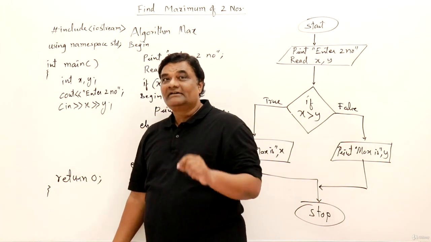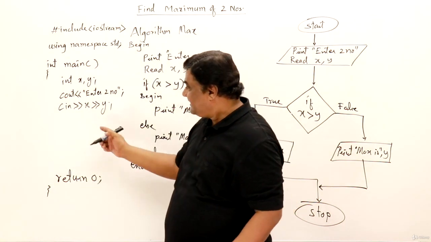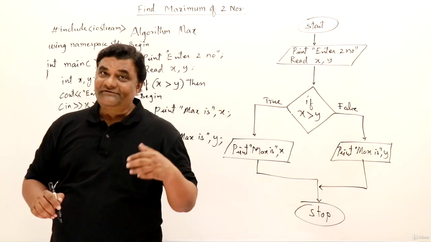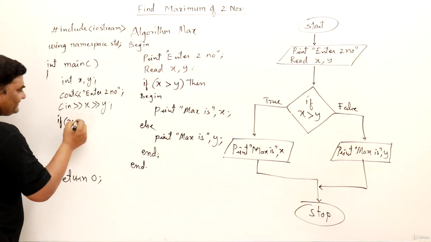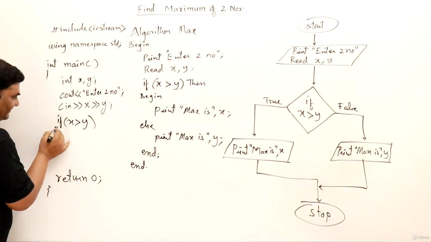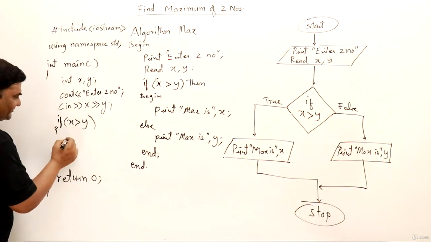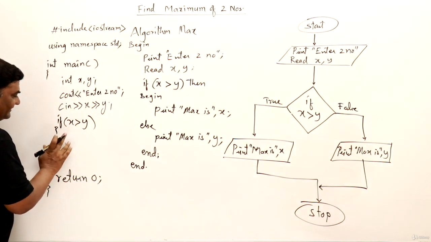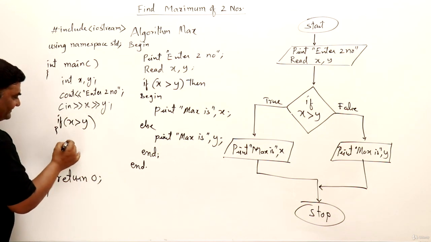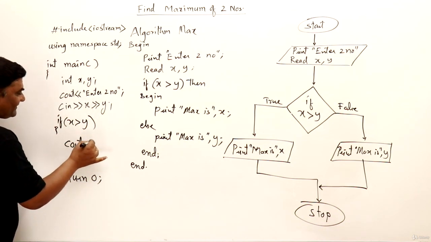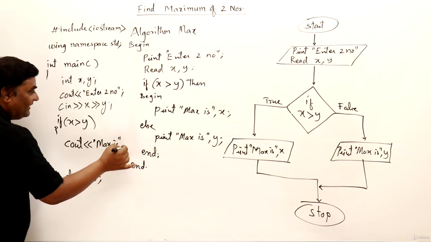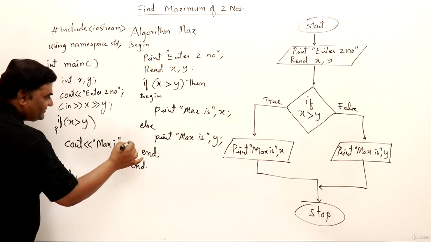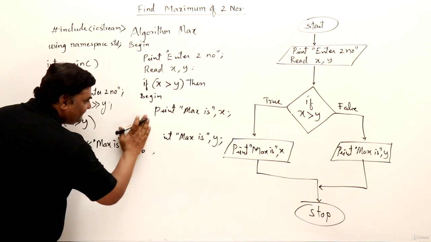Now the important part, if and else part. So I will write down here if x is greater than y. Watch this, how to write it. If x is greater than y, then bracket start. If this is true, then I should print that max number is x. So cout max is, and again insertion operation, then x.